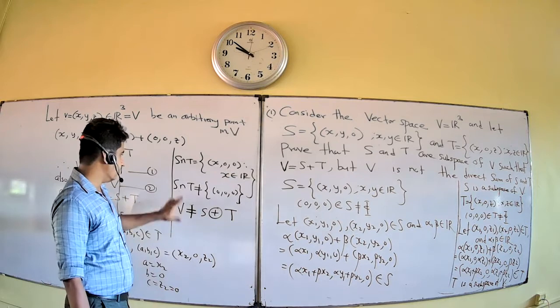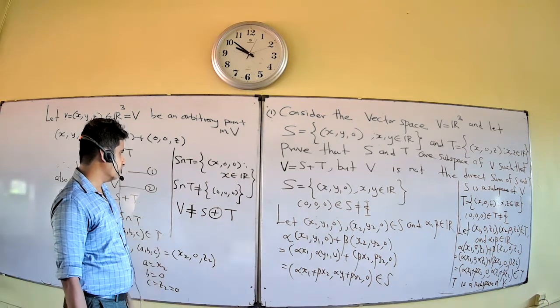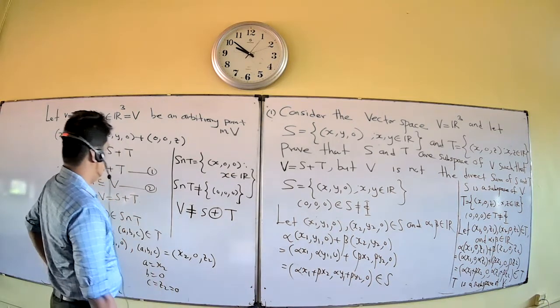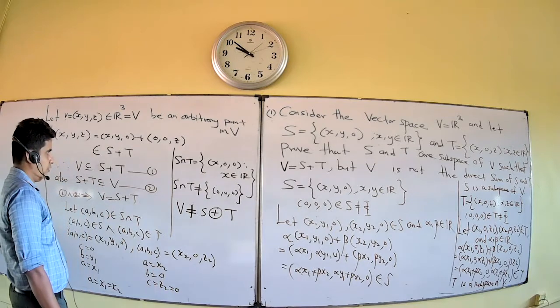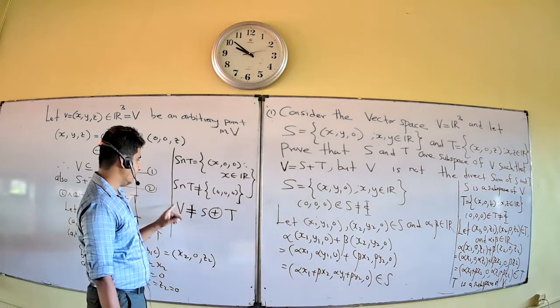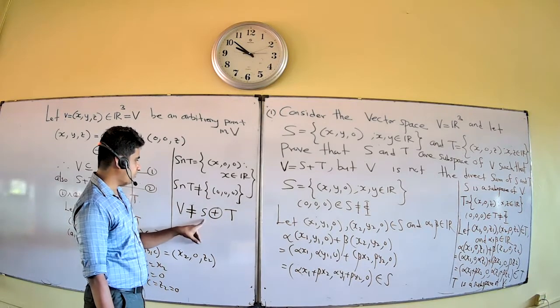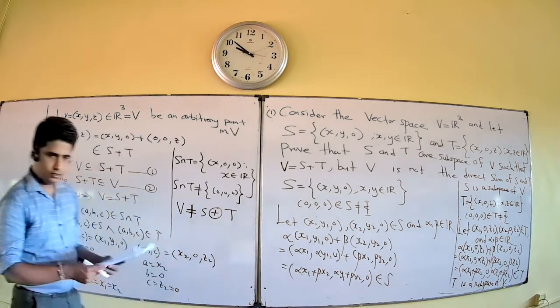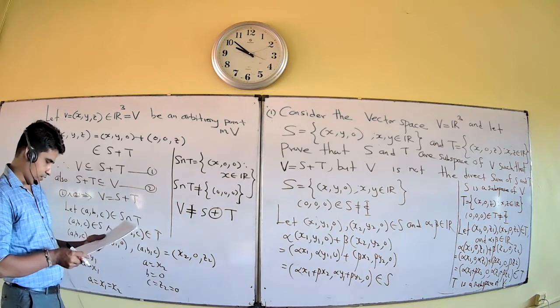Therefore, the direct sum condition does not hold. If this intersection is (0, 0, 0), then we can write V equals the direct sum of S and T.